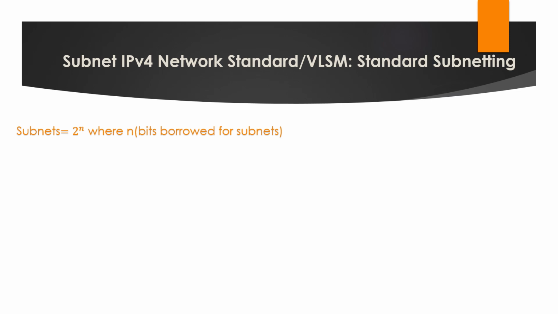The formula for the subnets you can create is 2 raised to the number of bits you borrow, and the hosts you can connect per subnet is 2 raised to the number of bits left in the host portion, minus 2. We say minus 2 because 2 addresses are reserved for a specific purpose: the IPv4 network address and the IPv4 broadcast address.